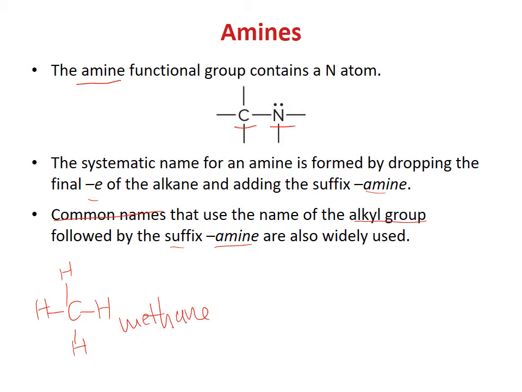And when one hydrogen is replaced by NH2, so a nitrogen, this is called methylamine. So let me write methylamine. So we use carbon as an alkyl group. The alkyl group is a methyl, so methylamine.